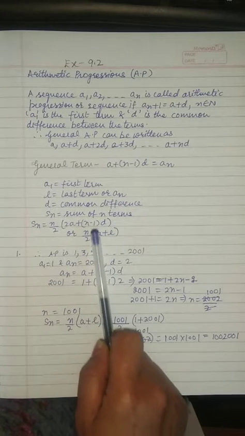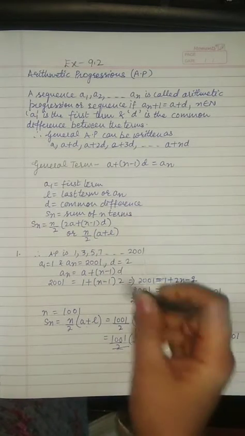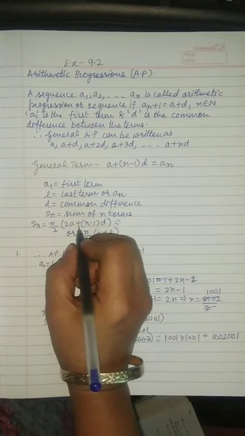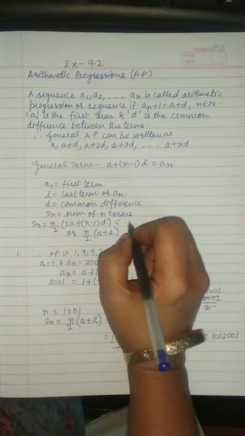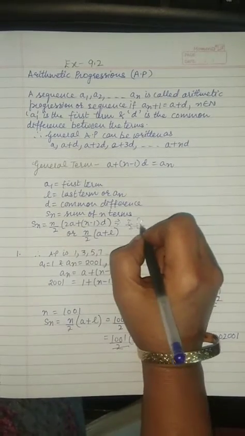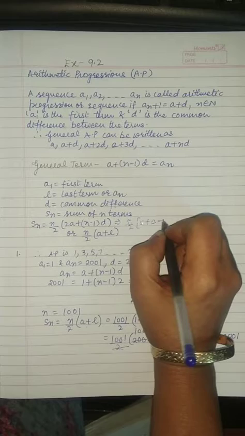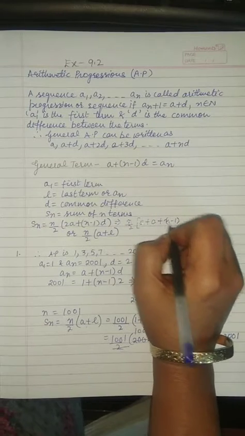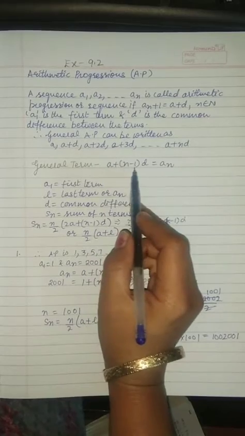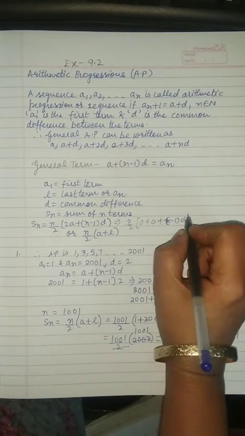So it can be written as n by 2 (a plus l), because in this formula, n by 2 (2a plus (n minus 1)d), 2a can be written as a plus a, then plus (n minus 1)d. And we know that a plus (n minus 1)d is an.